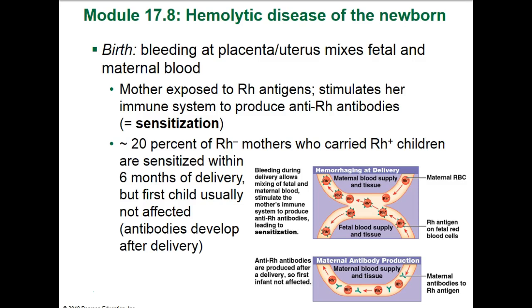Now the mother is exposed to the Rh antigen. This stimulates the immune system to produce the antibodies to the Rh factor. So this is sensitization. 20% of the Rh negative mothers who carry Rh positive children are sensitized within 6 months of delivery. But again, the first child is usually not affected because the antibodies develop after delivery.